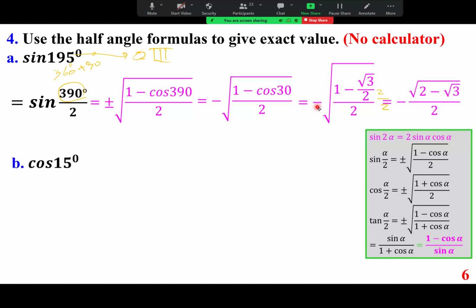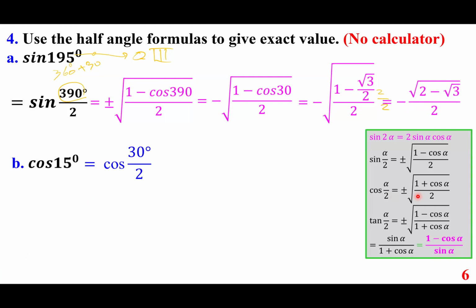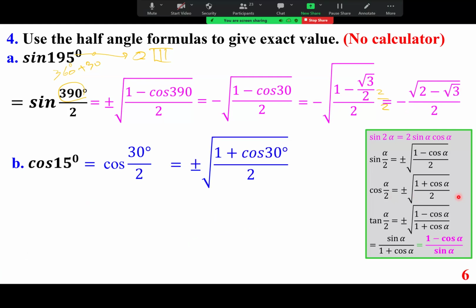What about cosine of 15 degrees? It's cosine of 30 over 2. And again, we are going to go with the cosine formula and put a plus minus. However, 15 degrees is in quadrant 1. Everything is positive there. So you just keep the positive, and just like this one, cosine 30 is square root of 3 over 2.